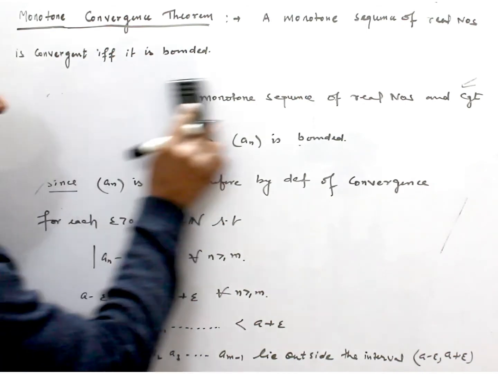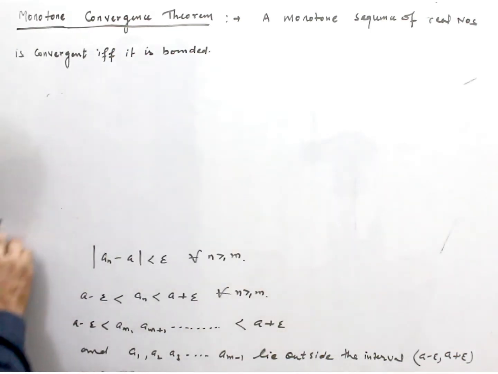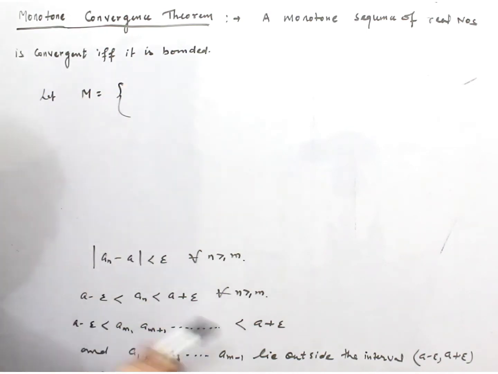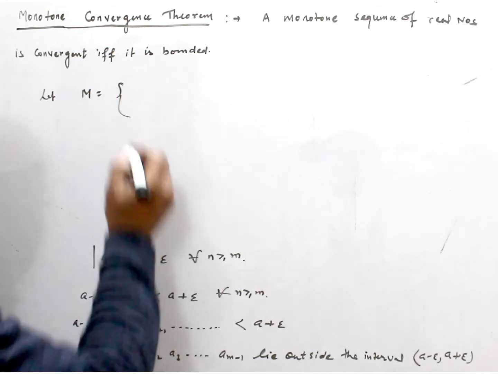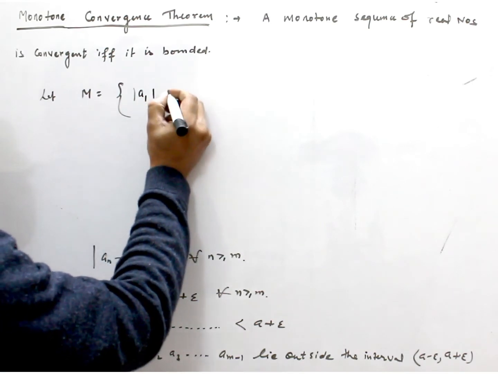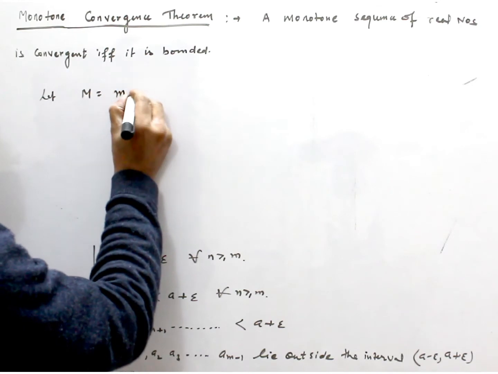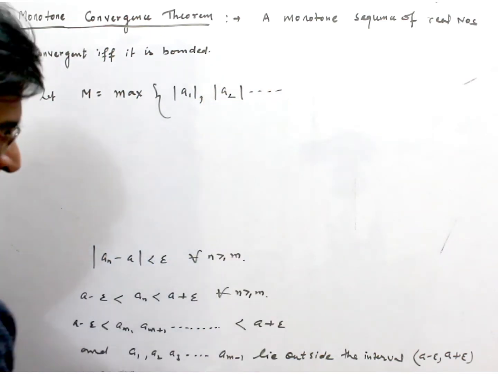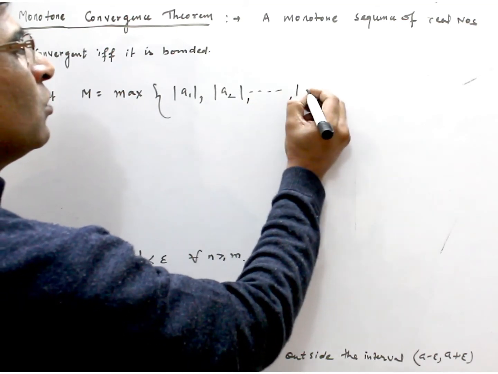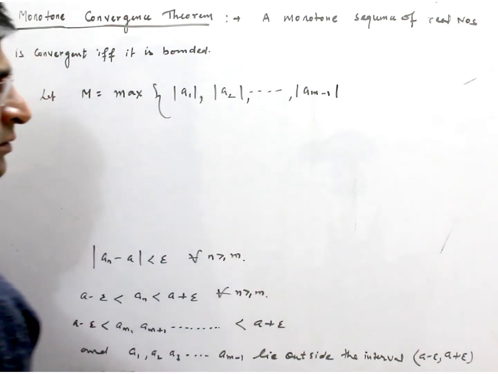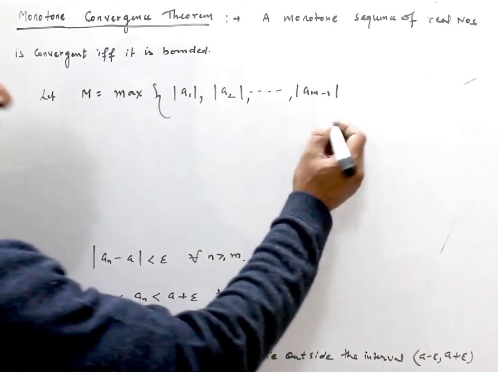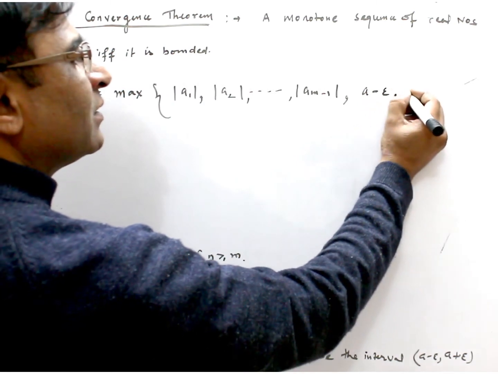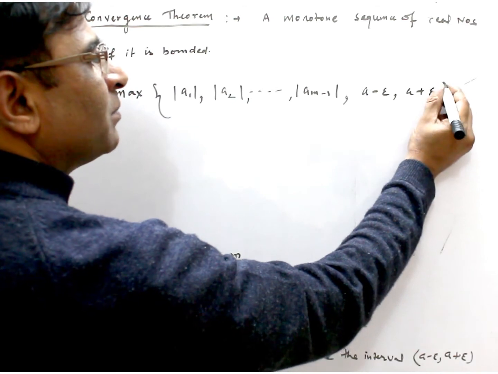So let m be equal to the maximum of A1, A2 up to Am minus 1, or this and this, a minus epsilon, a plus epsilon.